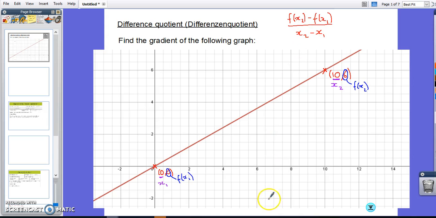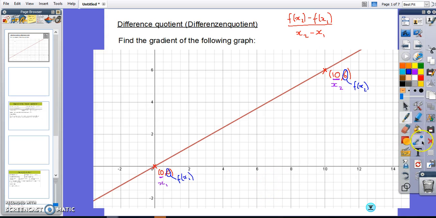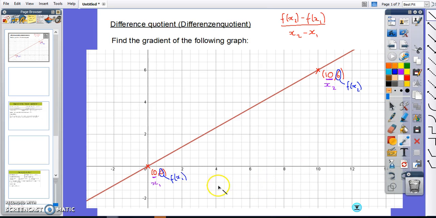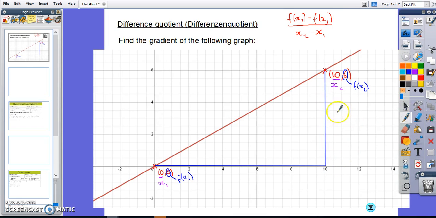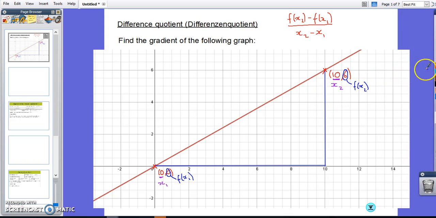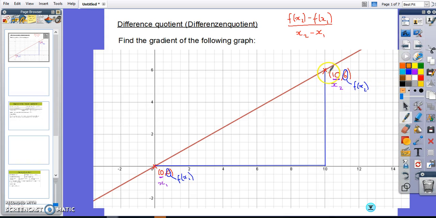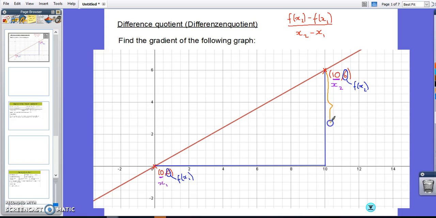And actually, you'll notice that this is really similar to what we've already been doing. Because if I draw a big triangle from this point to here, and from this point down, then you'll notice that f of x2 minus f of x1 is just this 6 minus 0. So that gives us the length of this side here. Let's put it in orange, it's a colour I haven't used yet.